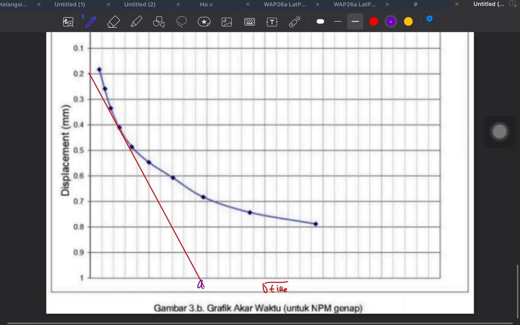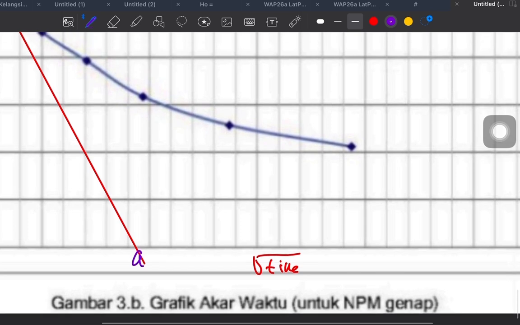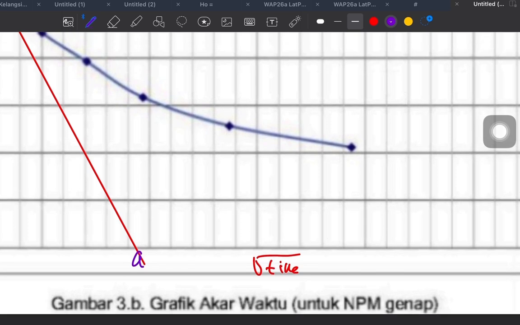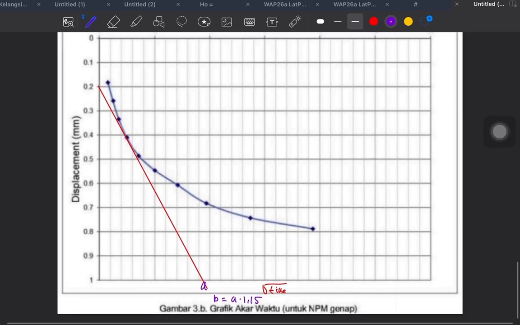After that, the second step, you have to calculate the point B. Point B is A times 1.15. So assume the point B is at this point.